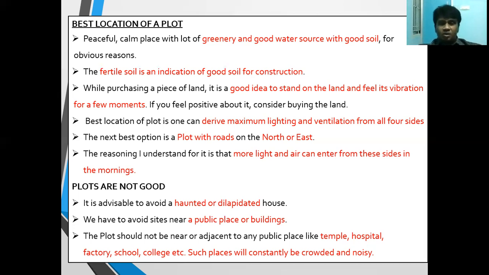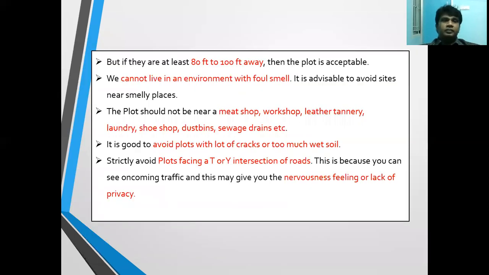When it is crowded and noisy, it will be irritating for us, and we can't live a peaceful life. So your land should be 80 to 100 feet away from public places. You can't live with a foul smell. The foul smell may come from a meat shop or workshop, leather tannery, laundry, shoe shops, dustbins, sewage drains, etc.